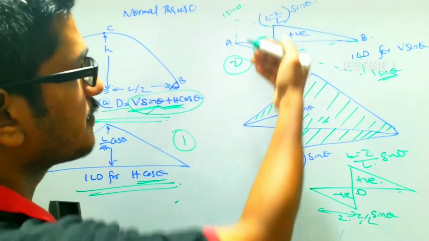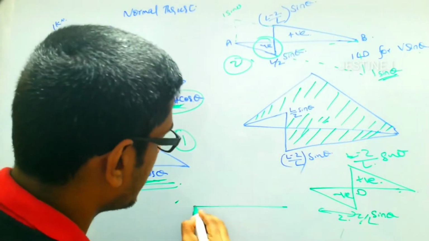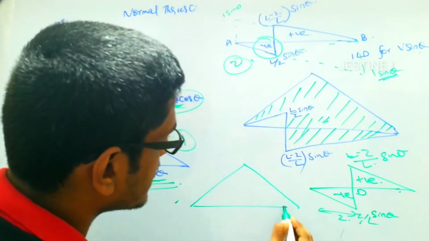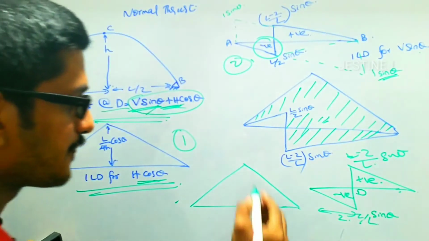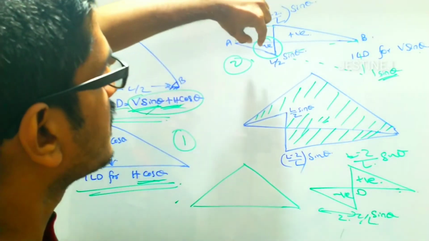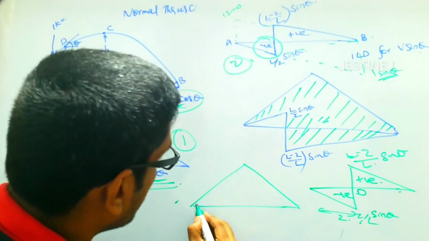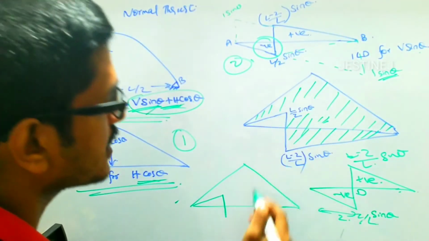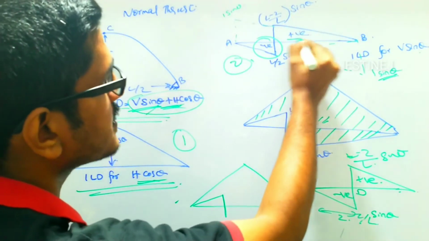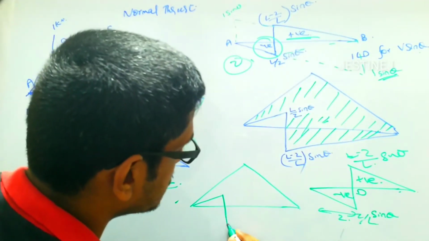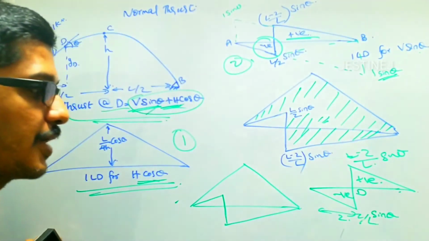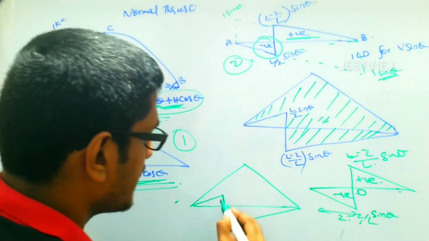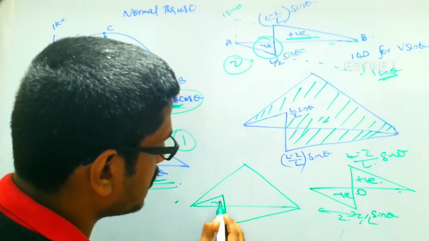Please look here. This is the diagram for H cos theta, and the below portion will come above, and the above portion, the positive case, will come down. In this format you can easily draw, and you can avoid this negative portion.